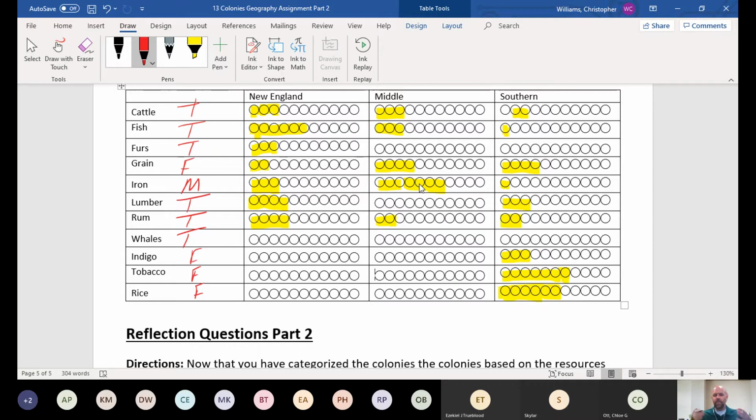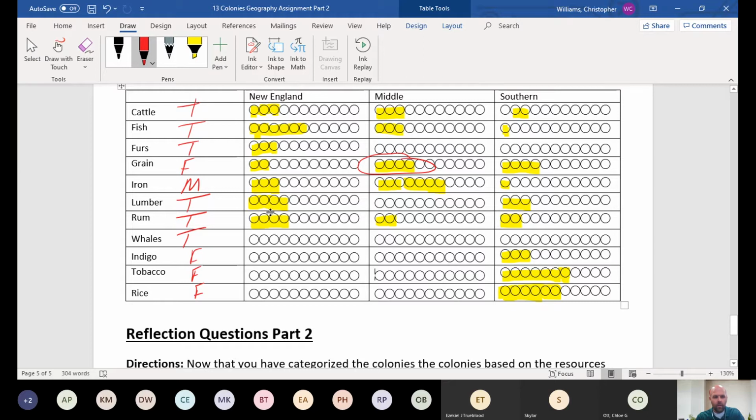So that tells me that I need to emphasize the middle colonies as having a very important part with being manufacturing of iron. It doesn't mean that they're still not growing crops, because look right here. They are growing grain. But if iron is the one icon that we see the most on the map, that has to be emphasized, okay?